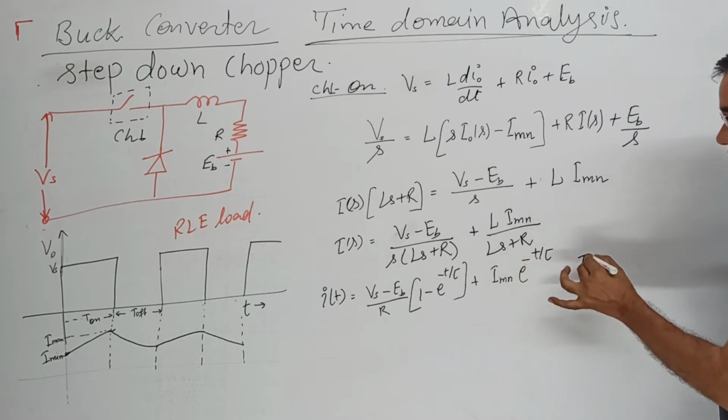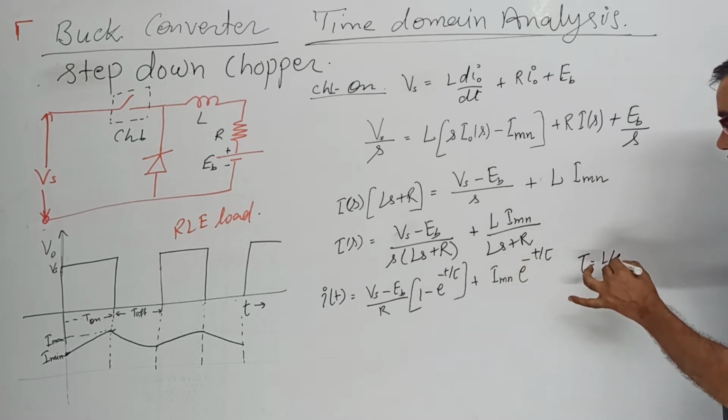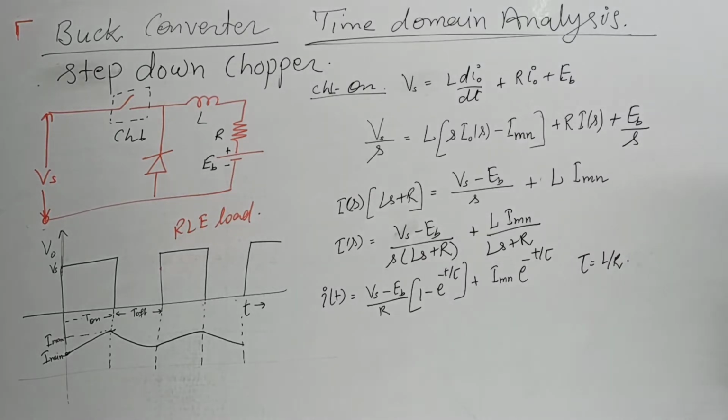So here tau is nothing but L upon R, the time constant of the circuit. This is equation number 1, which we are considering.